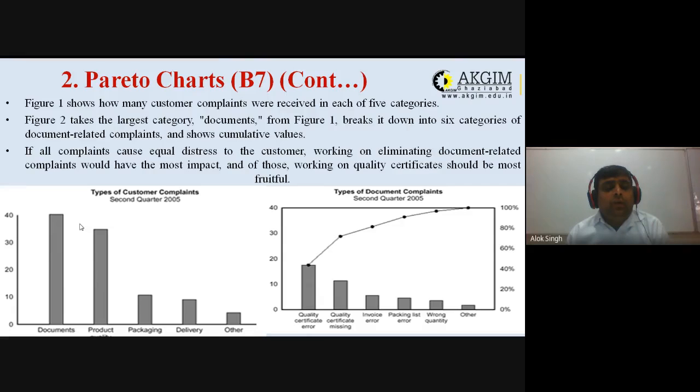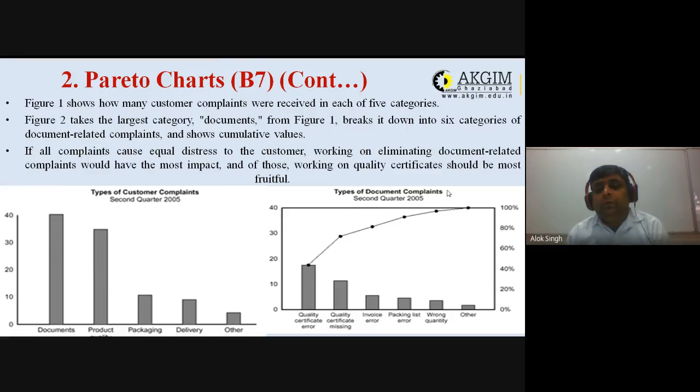Now by seeing this bar graph, you may see that most of the problems are related to documents. So what are the 20% causes of this 80% problem of document related complaints? You need to identify those document complaints. So first you will address these document complaints.